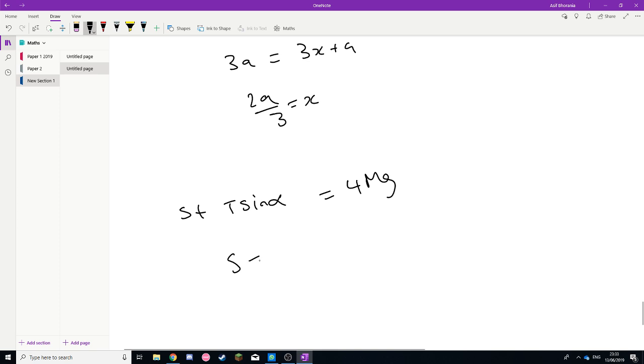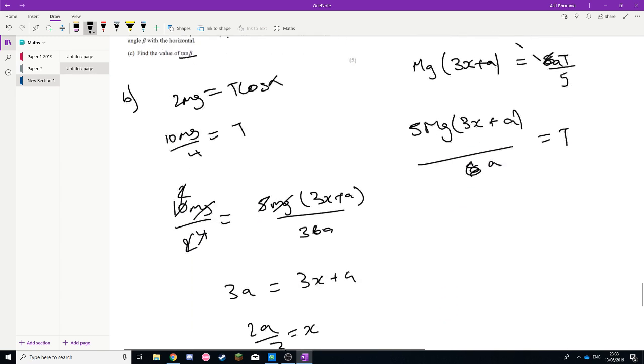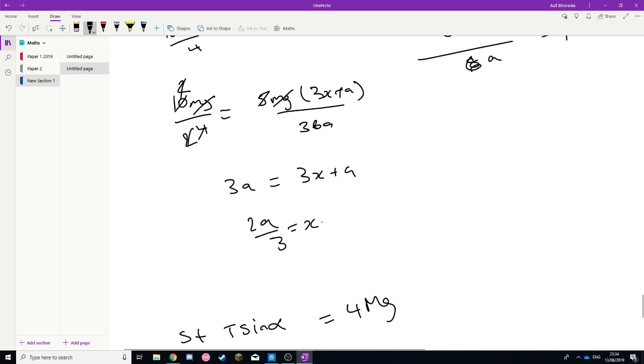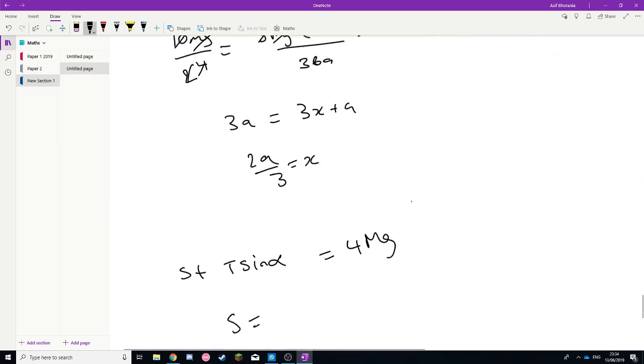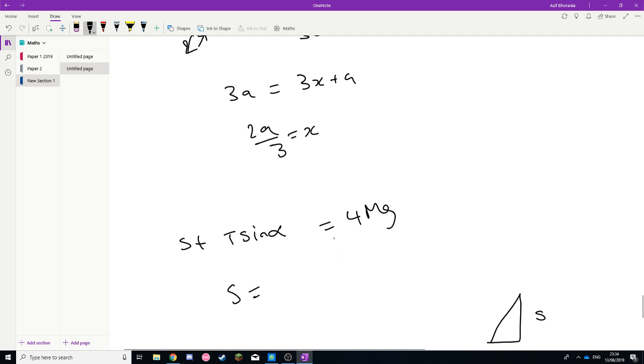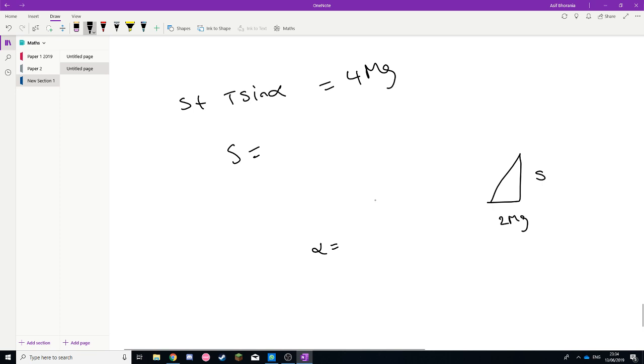So I can get S in terms of mg and a. And because it's in terms of mg and a, what I can then do is say this triangle exists. This is S and this is 2mg, and beta.